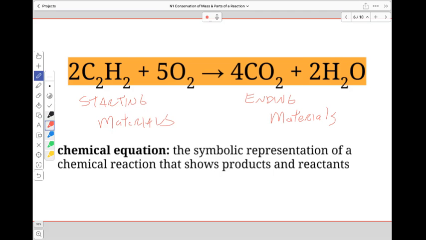Okay? And so the entire thing with all the numbers and the letters is called a chemical equation. Questions about that? May I go forward?